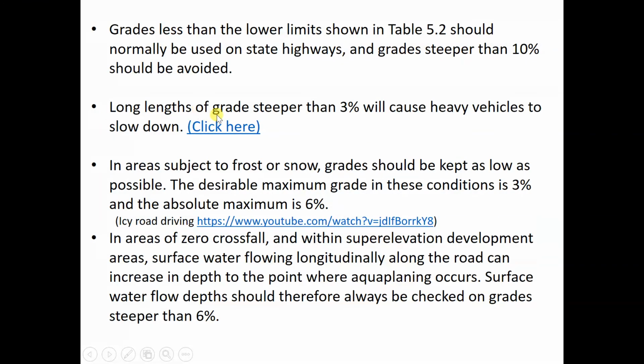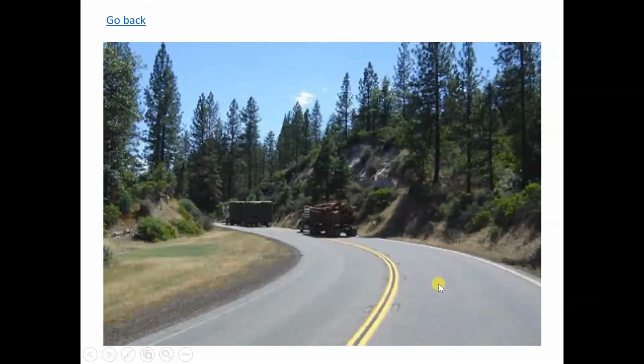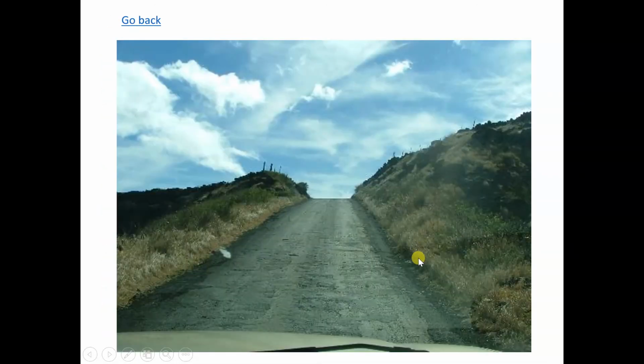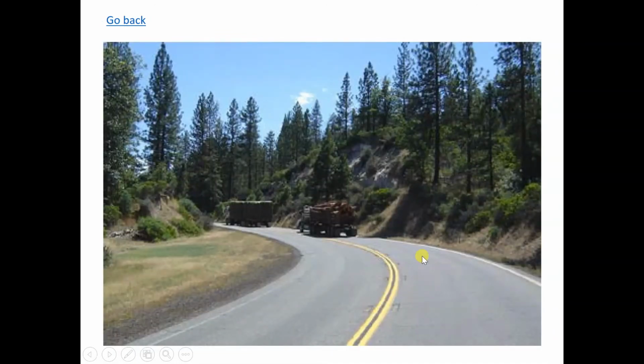Long lengths of grade steeper than 3% will cause heavy vehicles to slow down as well. If you have a slope which is maybe not very steep but very long, it could slow down the vehicles as well. Like this one, maybe 6%. For heavy vehicles, if it's a short slope, the momentum can probably carry them over to the top.